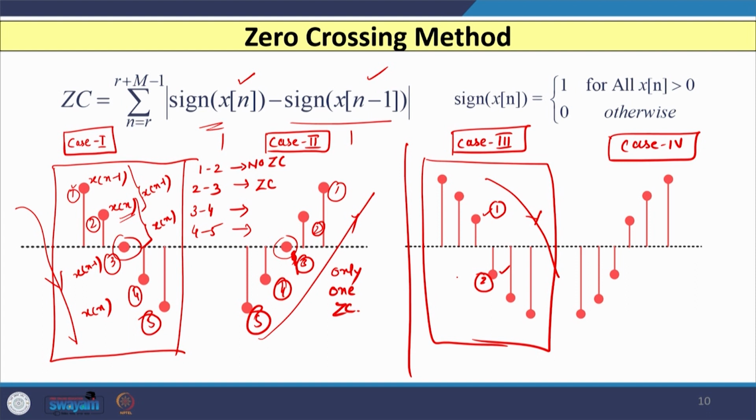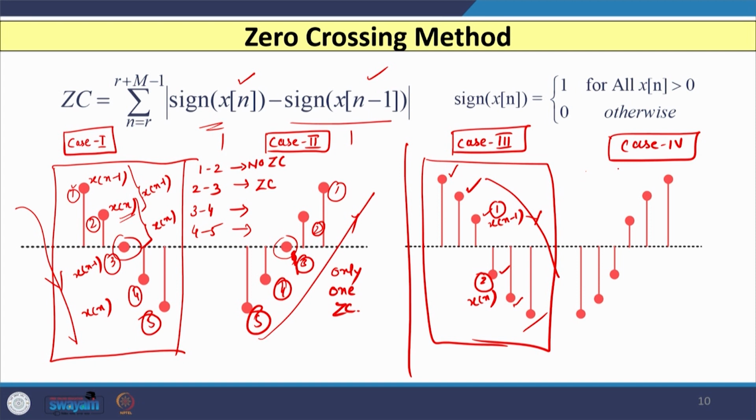When you move from positive to negative, this is your x of n minus 1 and this is your x of n. You see x of n minus 1 is positive, so you will get one value here, and x of n is negative, so you will get 0. So, 0 minus 1 you will have again 1. So, you will have one zero crossing when you move from 1 to 2. But for any other samples you will not get any zero crossing.